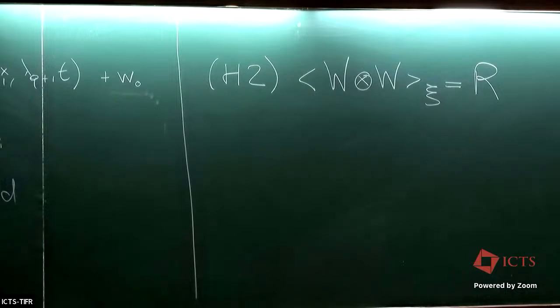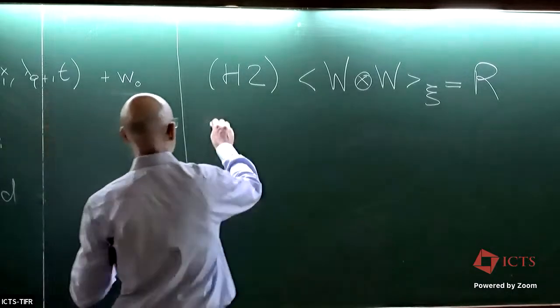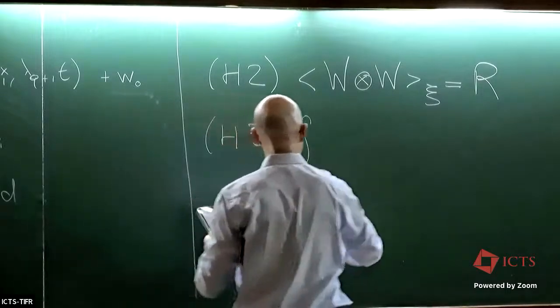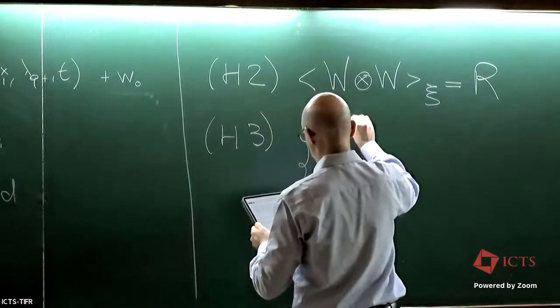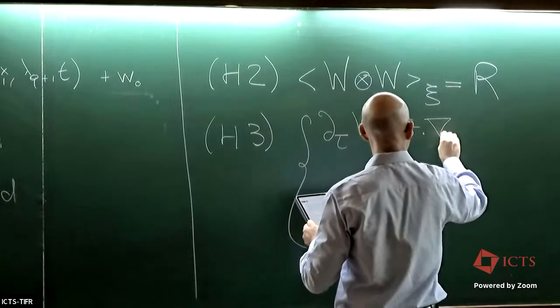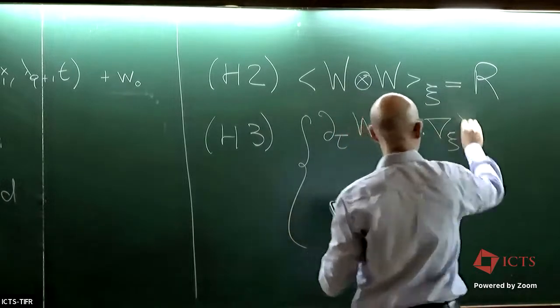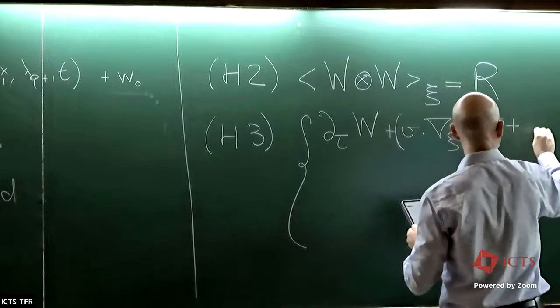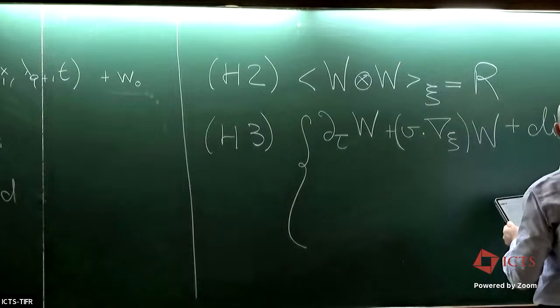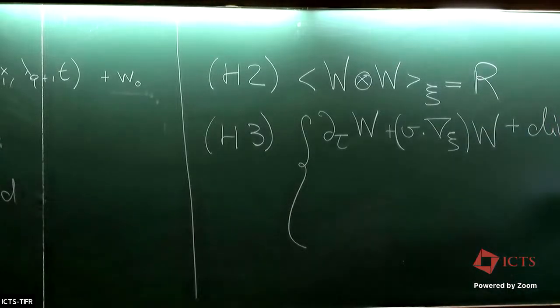Then I want the PDE that we derived to be satisfied. So this is d tau w plus v dot grad psi w plus divergence psi of w tensor w equals minus gradient psi p.